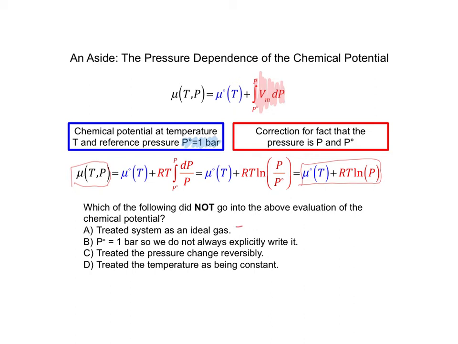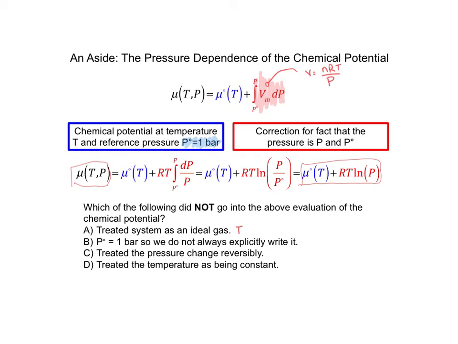This is true, we did, because to plug in for V here, we used that V is equal to nRT over P, and that's how we got this RT integral of P. B, P star or P naught equals 1 bar, so we do not always explicitly write it.